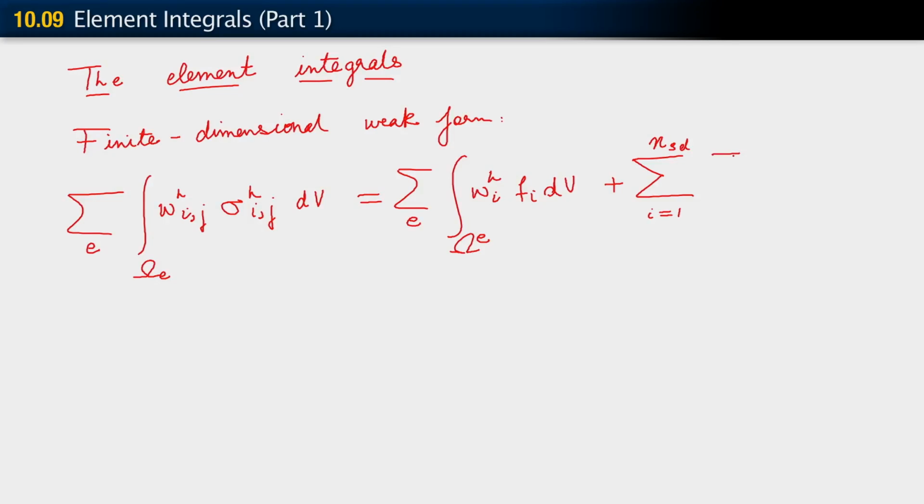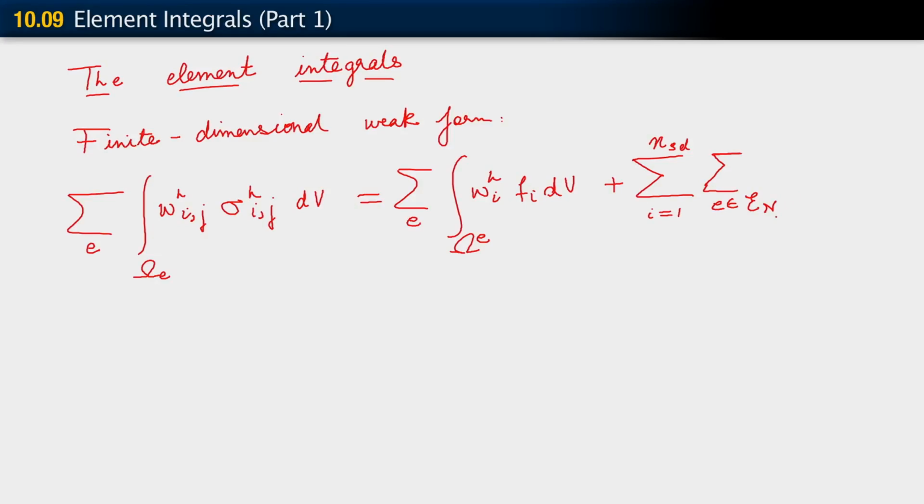So we need to say here that we are going to take this sum not over all the elements, but the elements belonging to E_n, right? Remember, E was a set of elements that had one of their boundaries coincide with the Neumann boundary.